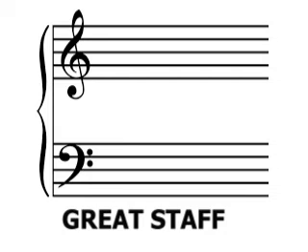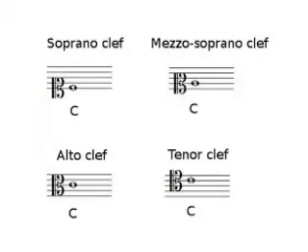The treble staff shows us what's going on at the right hand, and the bass staff shows us what's going on at the left hand. We also have other types of staff that use the C clef. We have the soprano clef, the alto clef, the tenor clef, and so on. So they have their own uses. The alto clef is usually used to notate viola music.